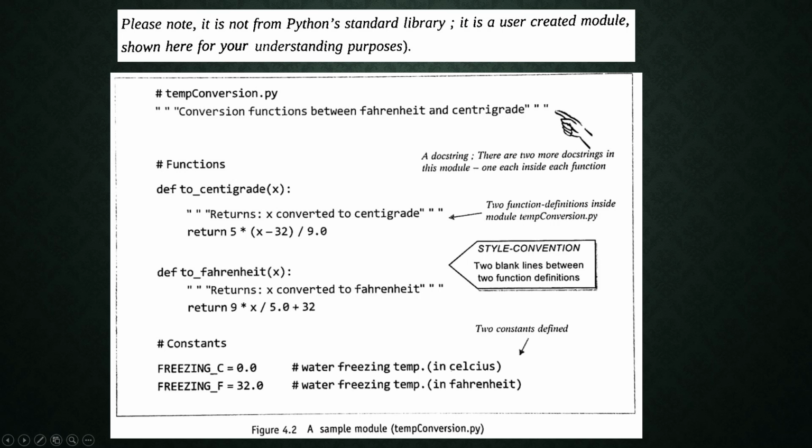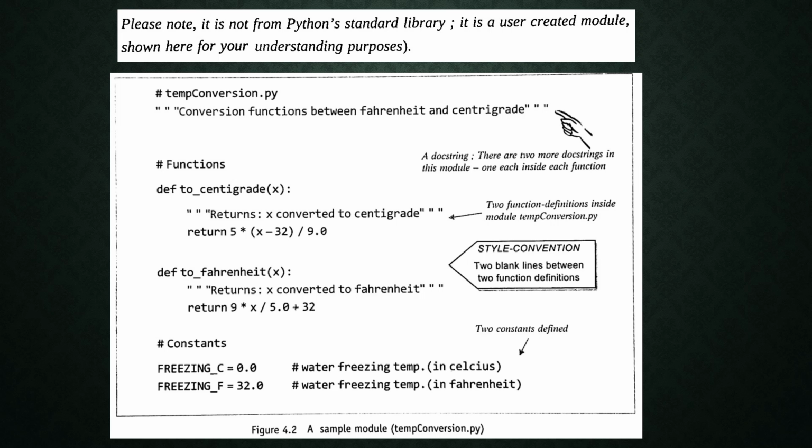We know that an identifier is a name given to a program element, such as variable names, array names, function names, etc. So underscore can be used here. def to_centigrade(x): here x is a formal parameter, or we can say formal argument. And immediately after the function definition, again there is one comment, or we can say a docstring.